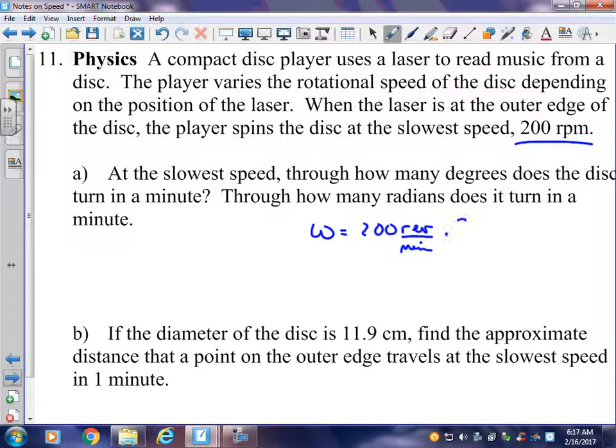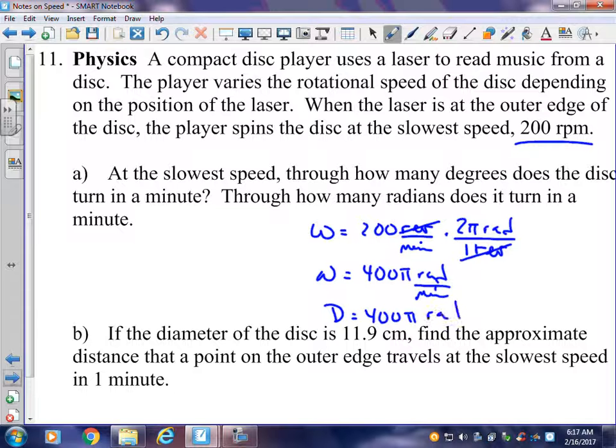And you're supposed to multiply that by 2 pi radians over 1 revolution in order to get the revolutions to cancel and give you radians. So this will be 400 pi radians per minute. So that's the speed. Now the question says how many radians does it turn in a minute? So for the angular distance, it would be 400 pi radians.